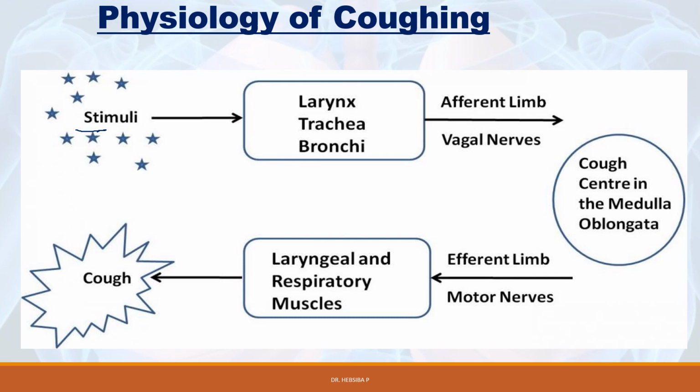So vagal nerve stimulation sends the message to the cough center in the medulla oblongata. When the cough center receives the message, it immediately activates the efferent limb, the motor nerve activations. That gives the instructions to the laryngeal and respiratory muscles, and so the cough develops.